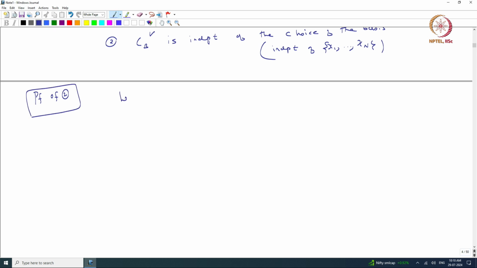More precisely, let us prove the second statement. Let z1 etc. zn be another basis of capital V, and then we can fix u1 etc. un to be its dual basis.